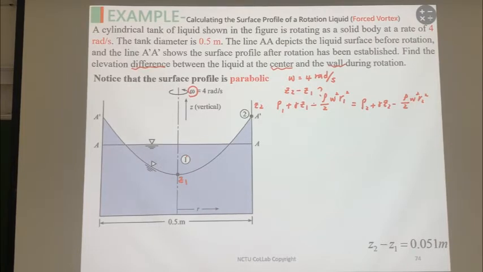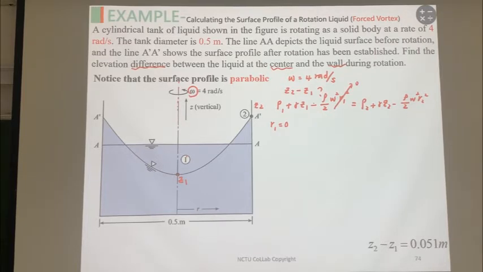If you take a look, this is a rotational axis and point 1 is in here. So we don't have R1, right? Because R1 is close to point 1, so R1 is 0. R1 is the radius relative to the rotation axis. So we don't have R1 in here, so this is equal to 0.